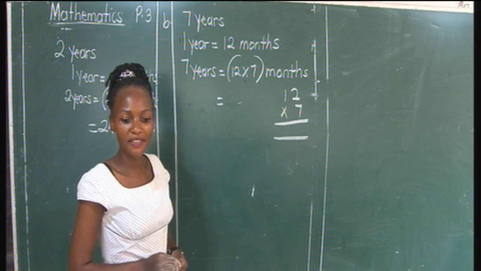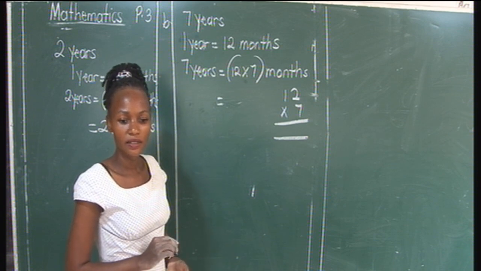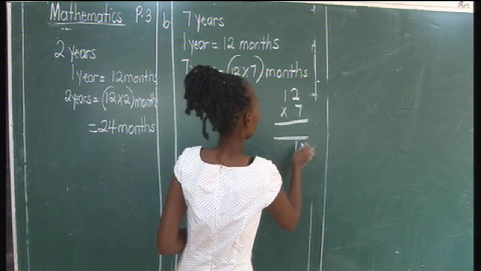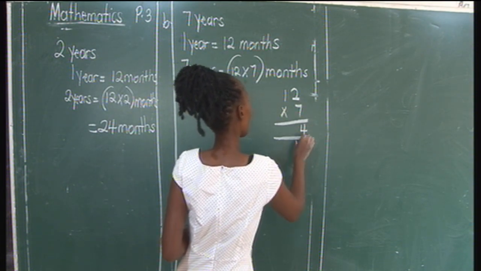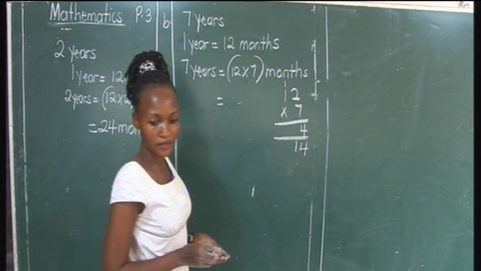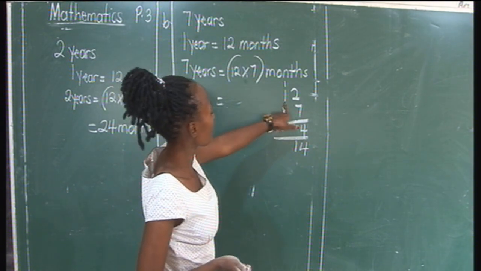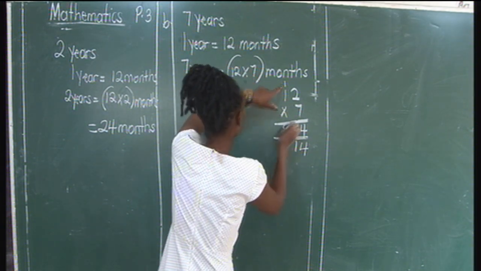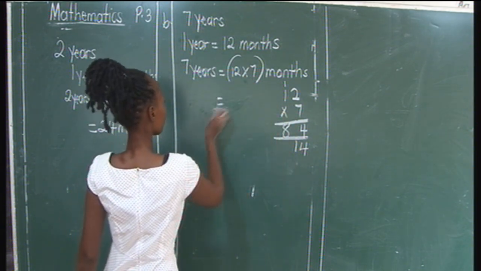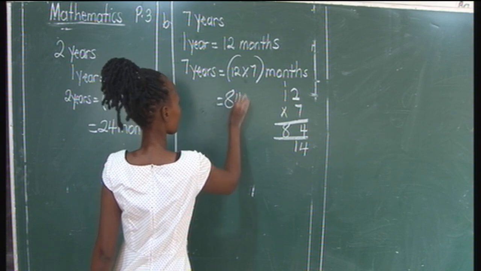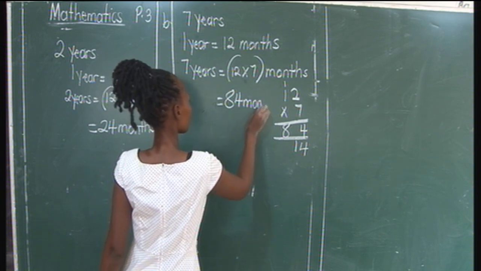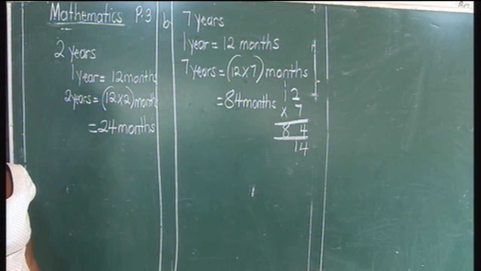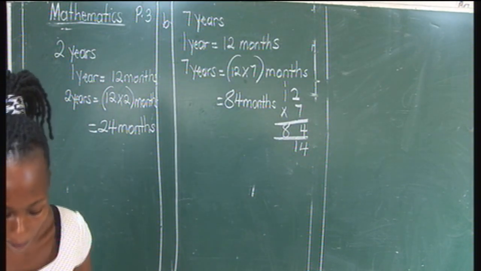We shall have 14, right? Now 14, we write 4 and carry 1 to the next place value. Now 1 times 7 is 7, plus 1, that is 8. Write it for me there. 84 months.